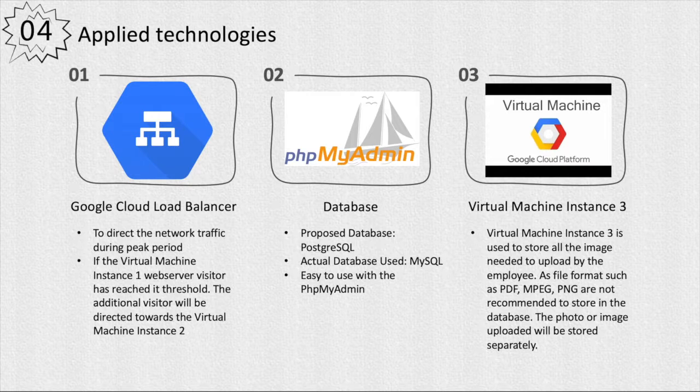If it reaches the threshold, any new visitors will be directed towards virtual machine instance 2, so that all the network traffic can be shared equally and no one will experience slow internet connection or slow processing speed.